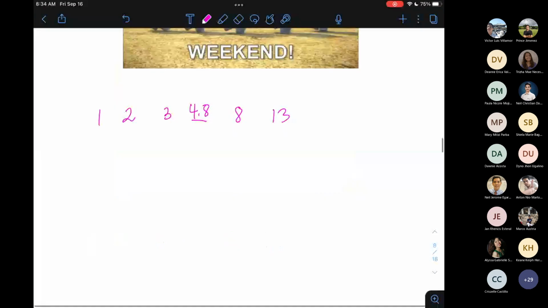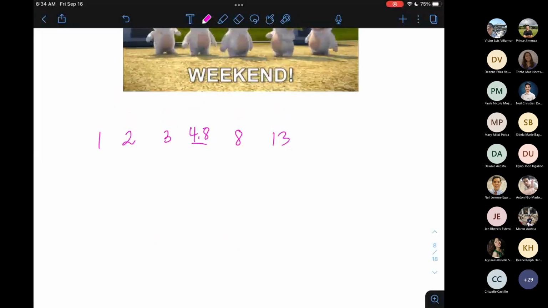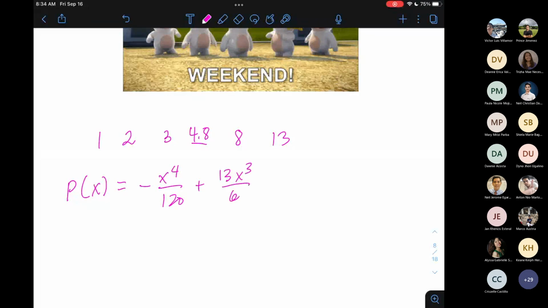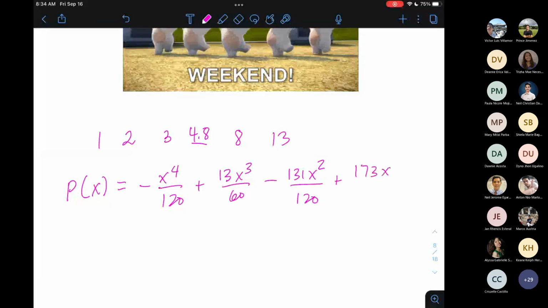Ano yung pattern na ginamit ko para ma-generate yung data na yan? Ang ginamit kong pattern ay sila yung mga unang integer function values o sila yung function values ng polynomial na to. Negative x to the fourth over 120 plus 13x cubed over 60 minus 131x squared over 120 plus 173x over 60 minus 1.